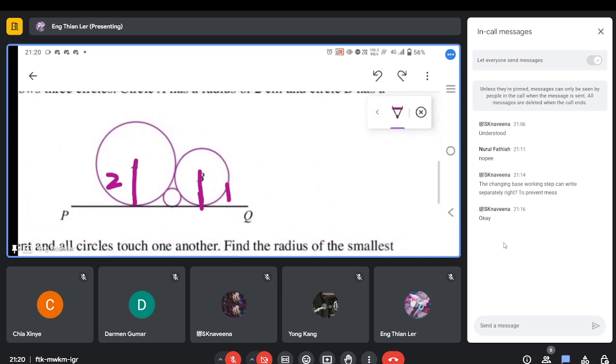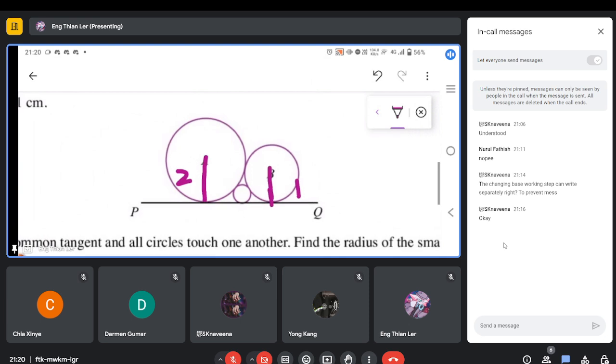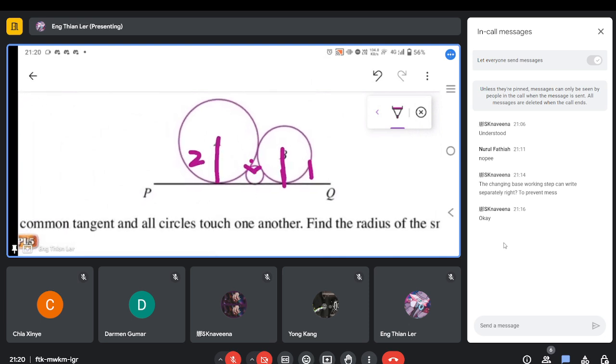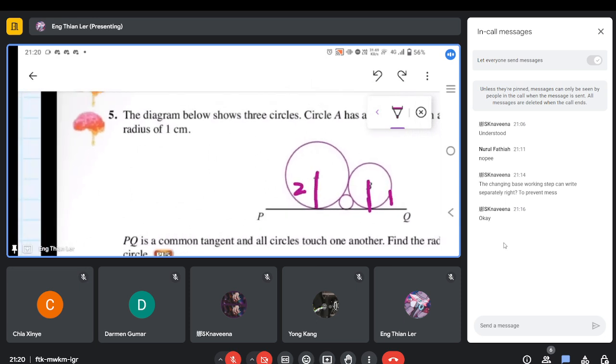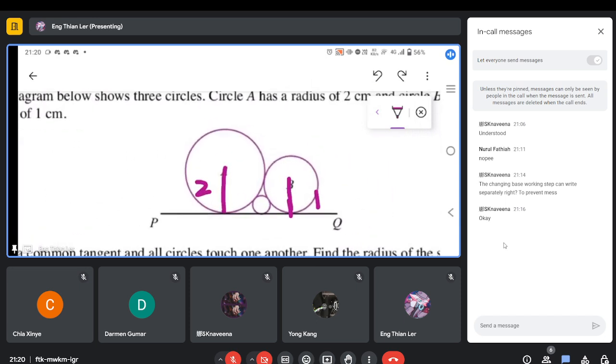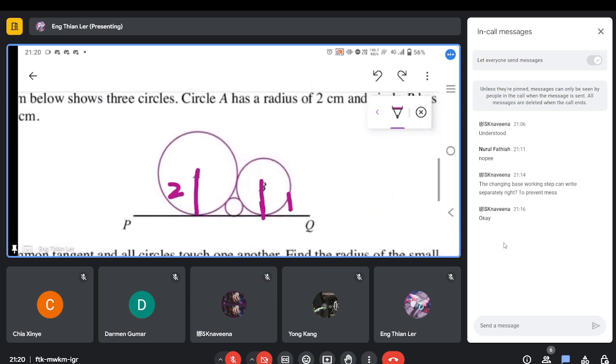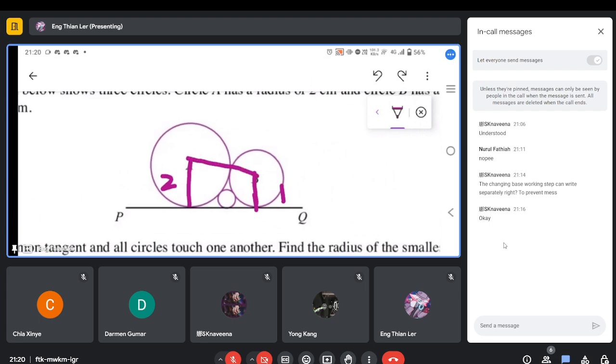We need to find the radius of this small circle. How do we do it? We have only 2 radii, and we need to find this small radius with this little information. But it's actually possible. First, we connect the 2 centers. We get 3 here. And then we're going to connect this from here.